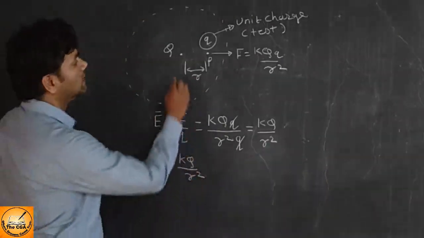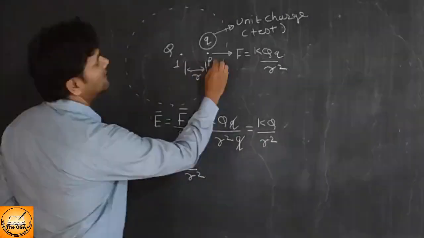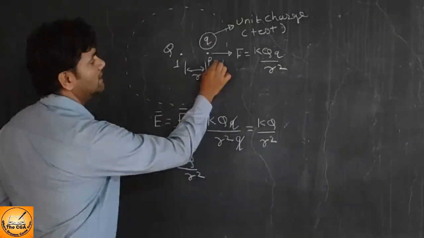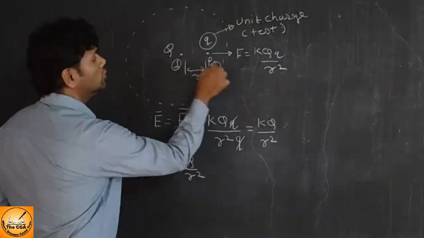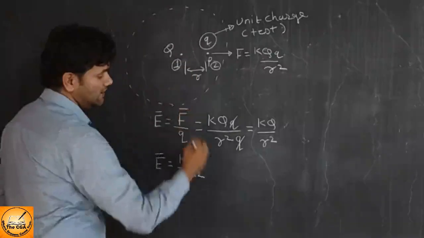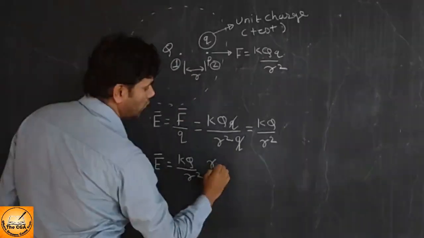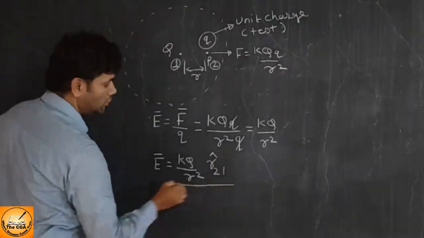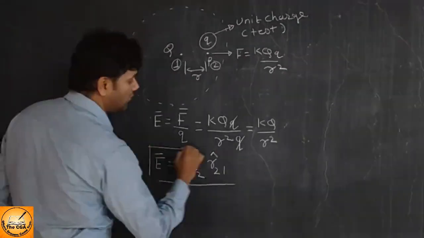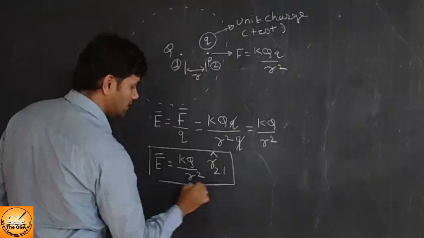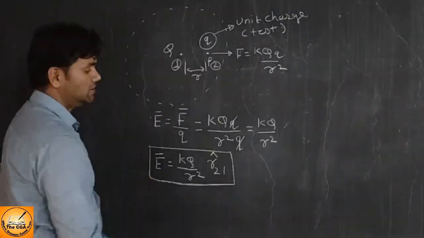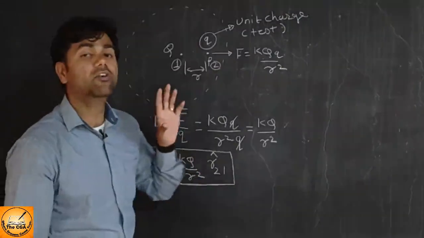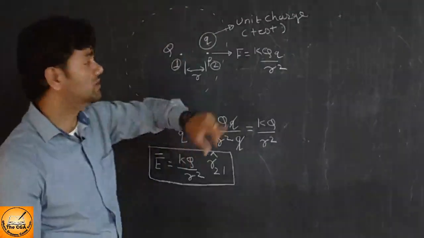If we consider this as 1 and this as 2, then the direction towards 2 from 1 will be the position of 2 with respect to 1, and we have to show the direction in unit vector. So electric field will always be along the direction going away from the positive charge.